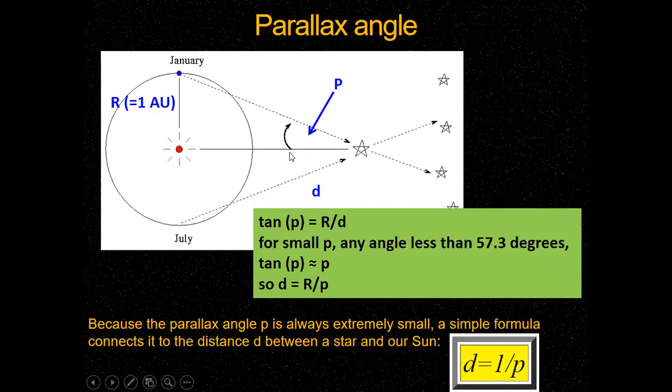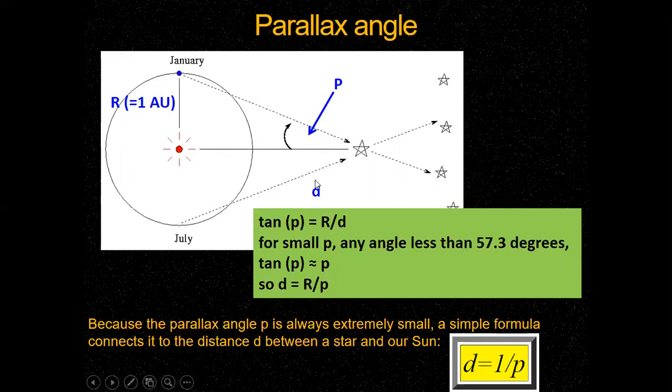In trigonometry, tan of an angle is equal to the opposite over the adjacent, right? So the tan value of the parallax angle is the opposite, which is R, the distance from the sun to the Earth, divided by the adjacent. The adjacent is the distance from the sun to the star, right?